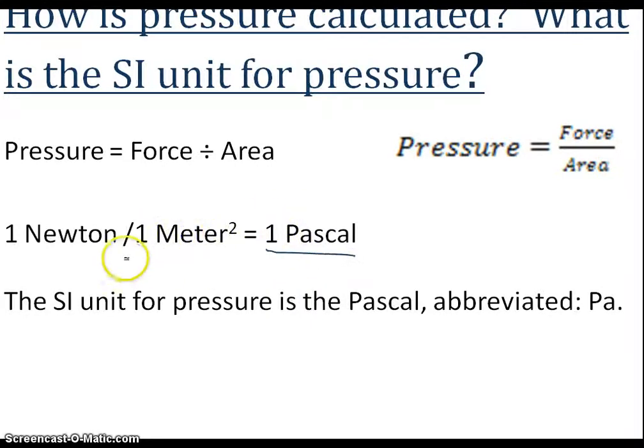And remember, this is meters squared because we're going to do length times width, or any kind of measurement, and if we do that, we're going to end up with a value being squared. This means area. And we'll abbreviate the Pascal to Pa, just like we abbreviate Newton to N. We have an abbreviation for it.